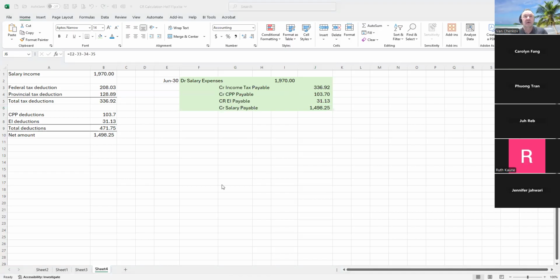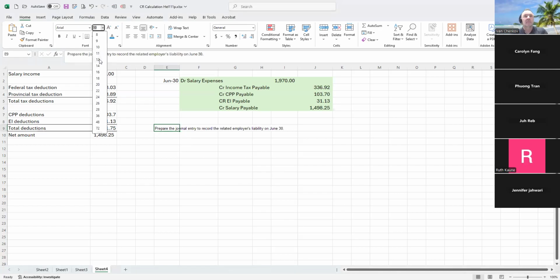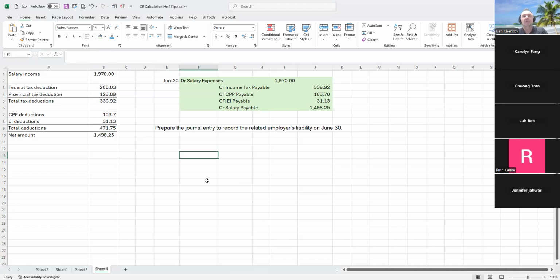Now, the question is going to ask you to prepare the journal entry to record the accrual for the payroll from June 30th. Also, you have to show to record the related employer's liability as well.